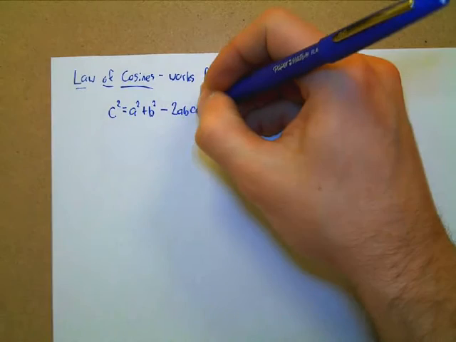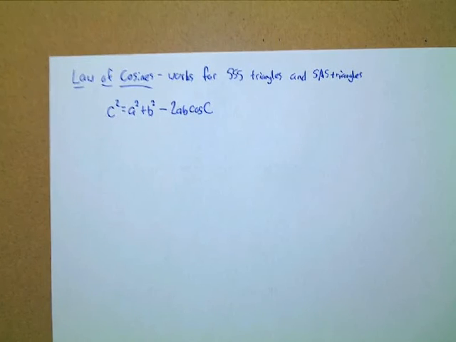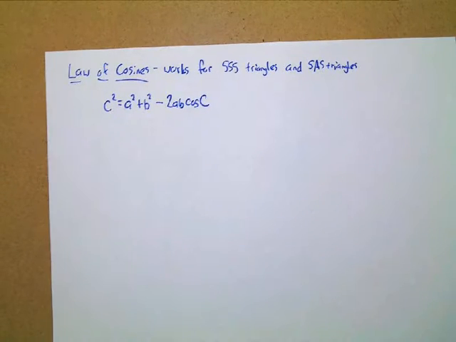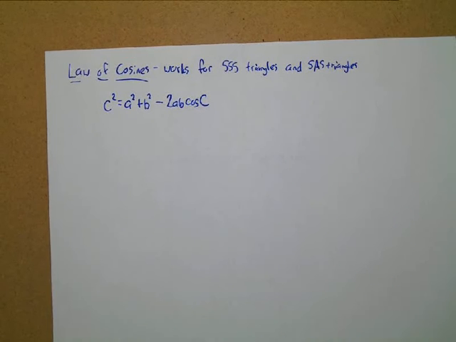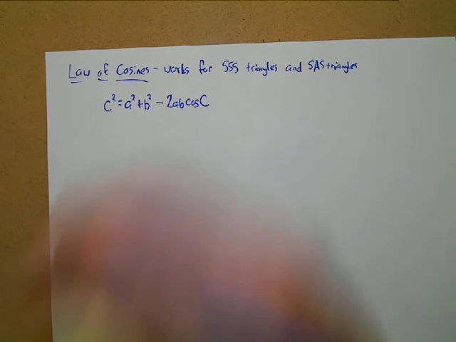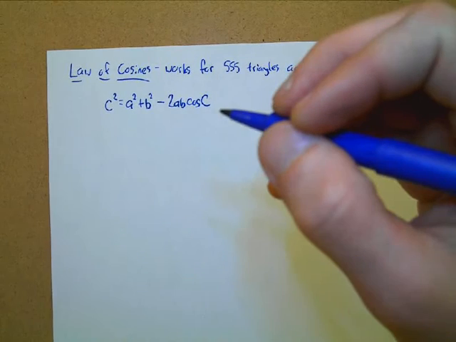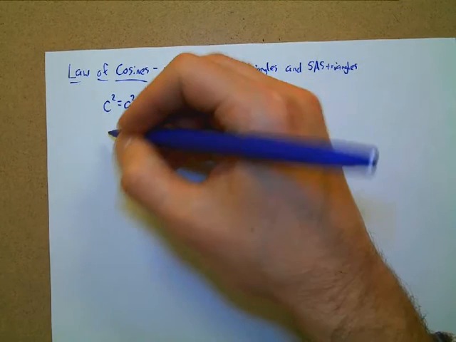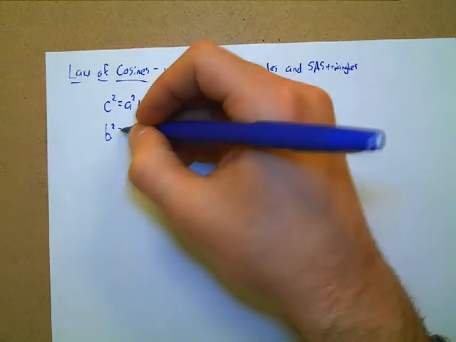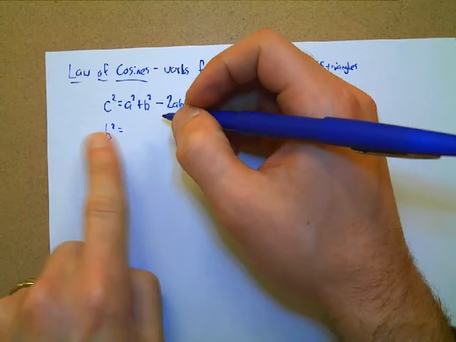Okay? And then there's, of course, different formulations depending on what sides you're solving for, but it really doesn't matter too much. So anyway, I'll show them to you. We could also rearrange these. If we have b squared here, then the other two sides will be a squared plus c squared. Right? So if it's equal to b squared, that's a squared plus c squared minus 2ac cosine, and then it's angle b.